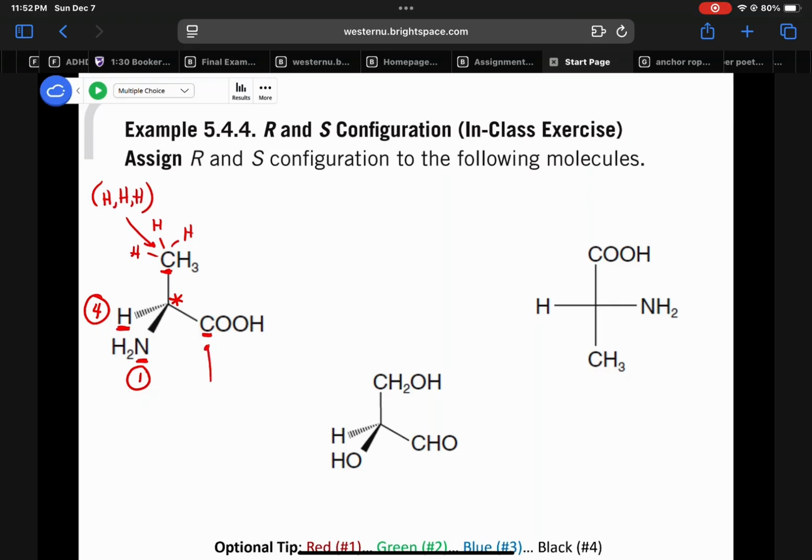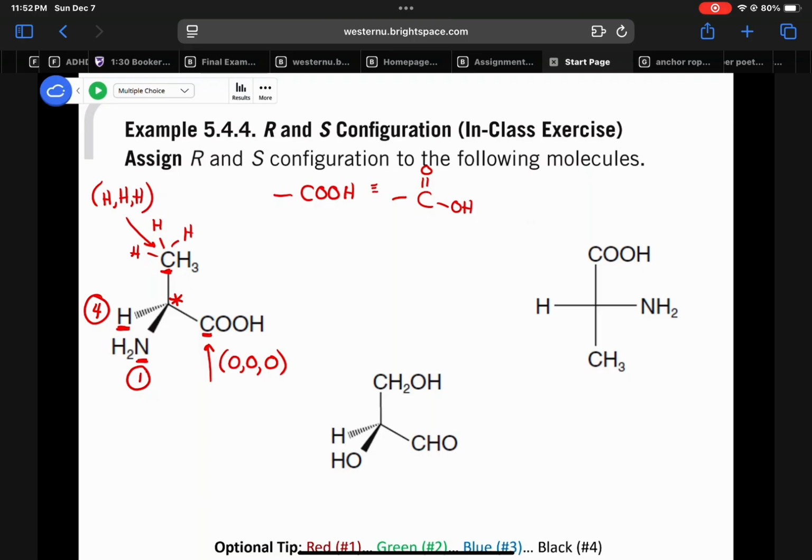And this bottom substituent, COOH, when we see that, we need to know that that's the same as C, double bond to O, and an OH. This is a carboxylic acid, or a carboxyl group. So if I write out the priority list for the bottom carbon, the COOH, using my phantom rule, it's connected to oxygen and oxygen in the double bond, and then oxygen with the single bond to the hydroxyl.